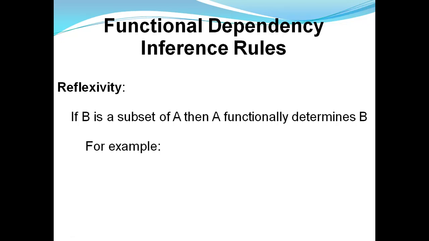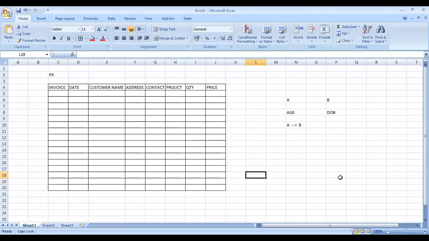What could be an example? Let's say we have two columns. One column is full name and the second column is only the first name.